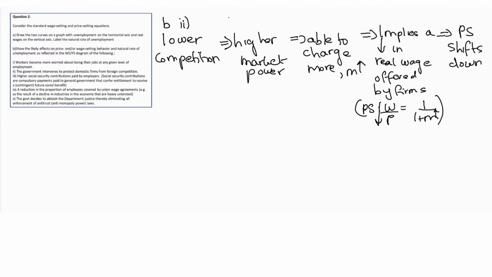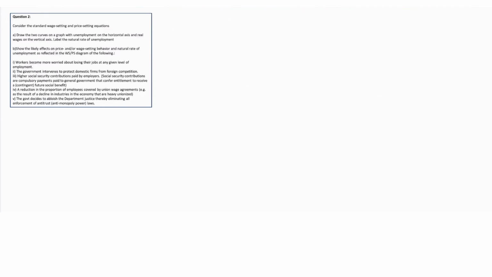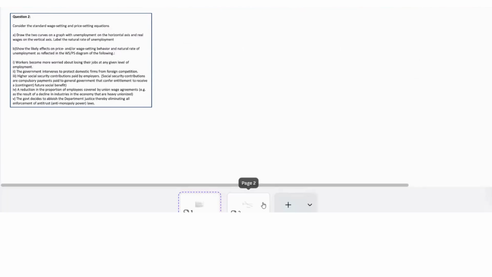Now let's look at this graphically. So here we already have the graph that we plotted.